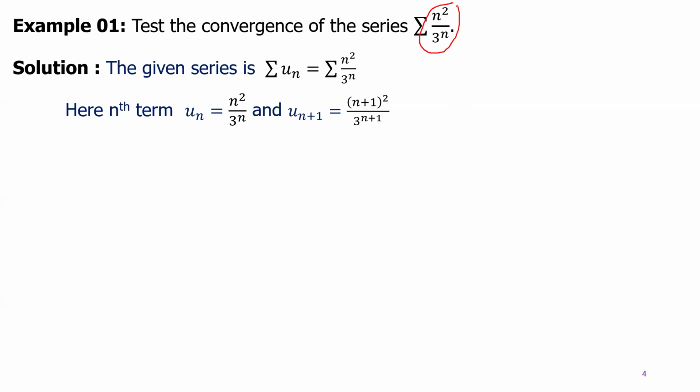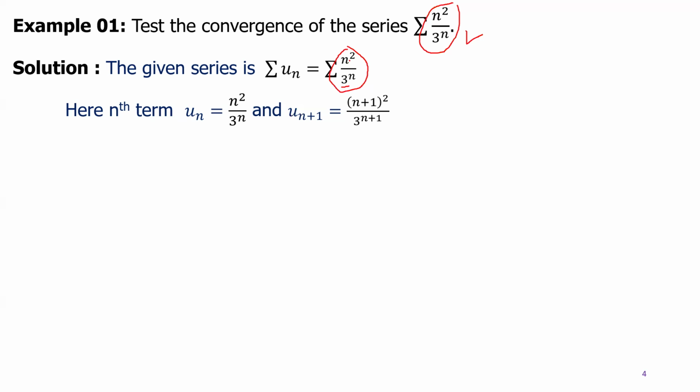We can also not use the P series because it is also not like a P series. Okay, can we use Cauchy's nth root test? Yes, we can use it. But here, the power of 3 is n, but the power of n is not in terms of n. So slightly it will be difficult, but we can use Cauchy's nth root test.